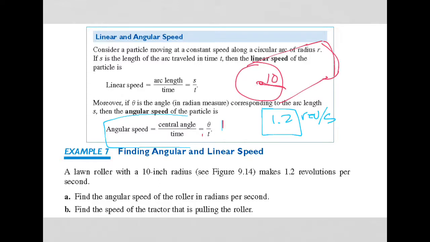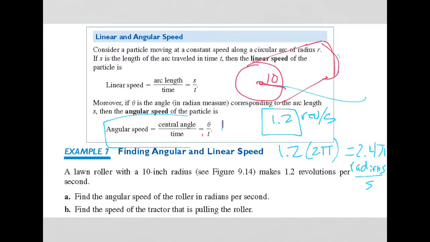So we know that a full revolution is going to be 2 pi, so this is going to be 120% of 2 pi, or more simply put, 1.2 times 2 is 2.4 pi radians per second.